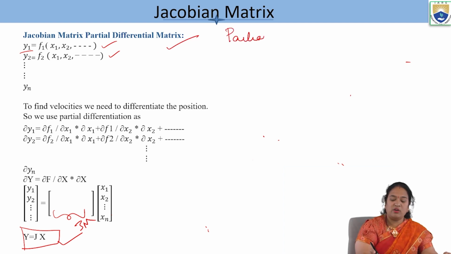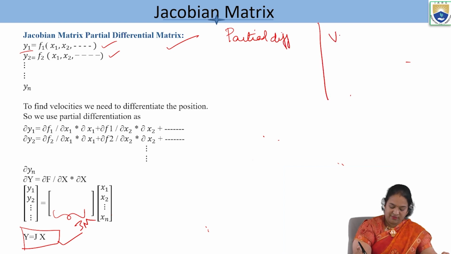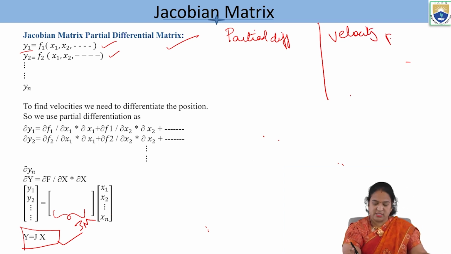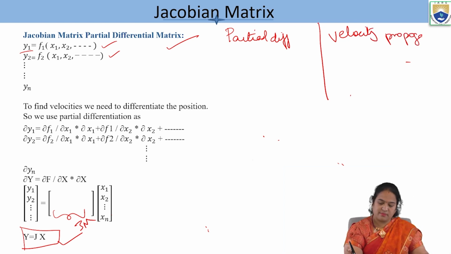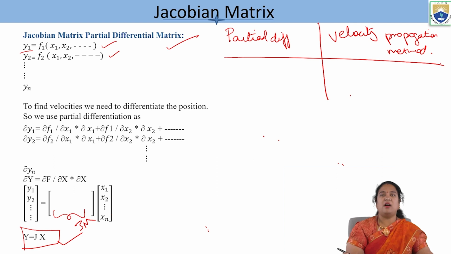Here we have two types of methods to find the Jacobian matrix: one is the partial differentiation method, and one is the velocity propagation method.